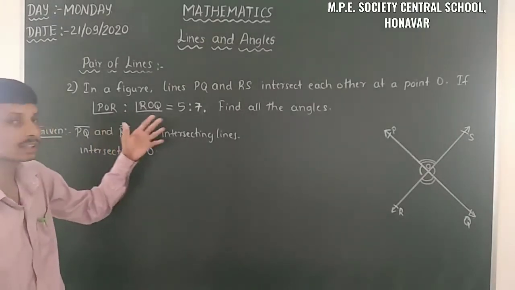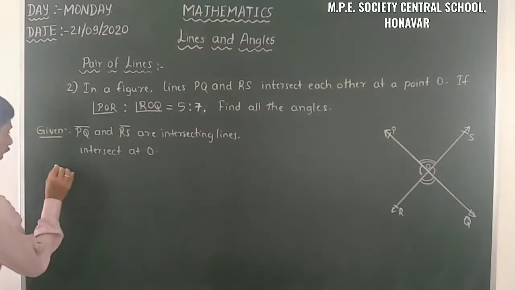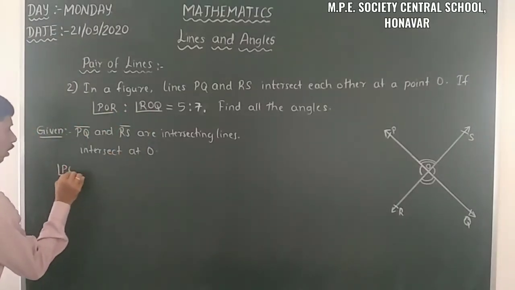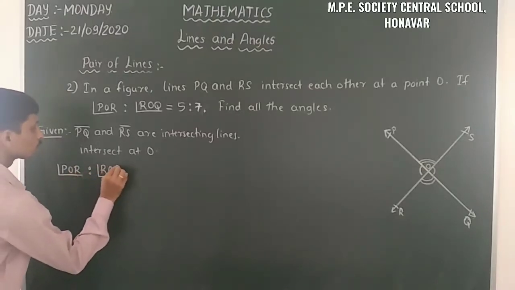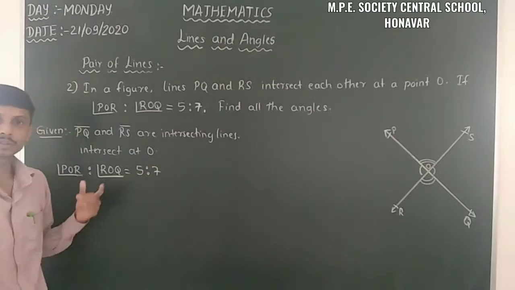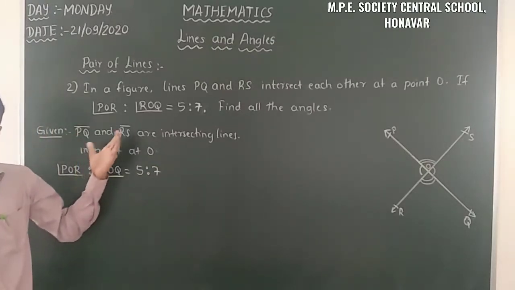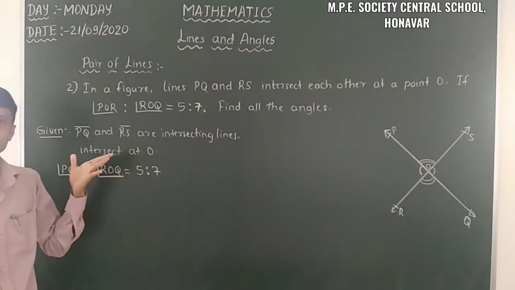The next given term is angle POR to angle ROQ is equal to 5:7. These are the given things. Then we have to find all the other angles with the help of the given things.